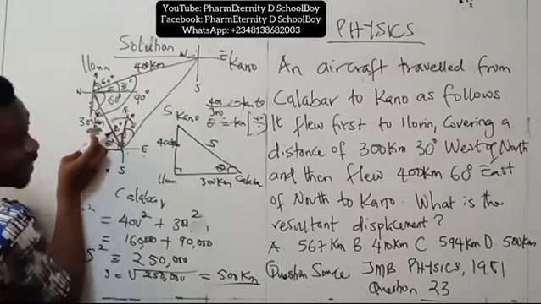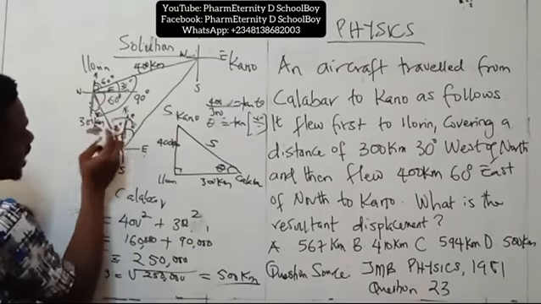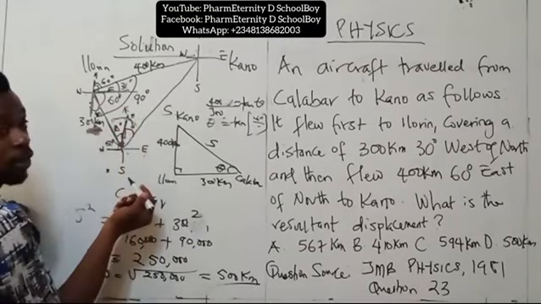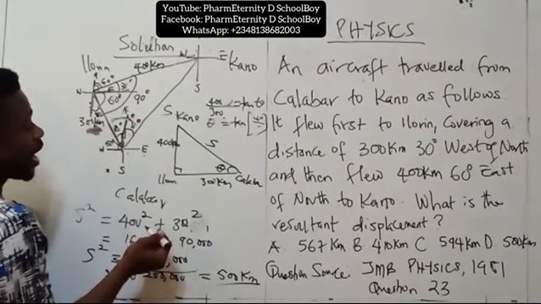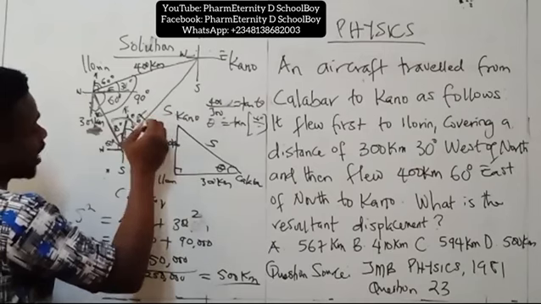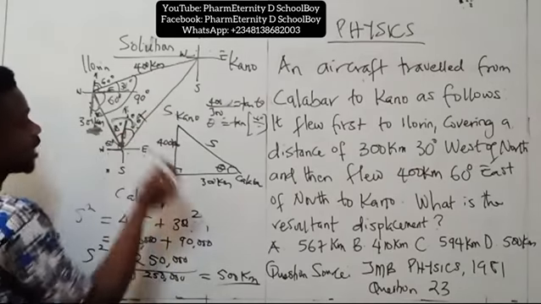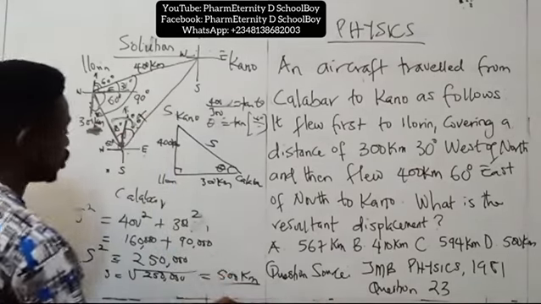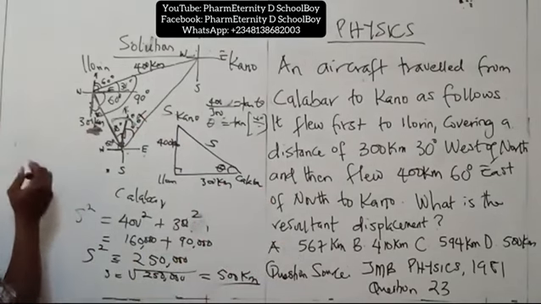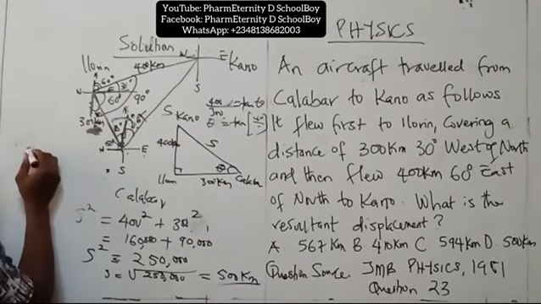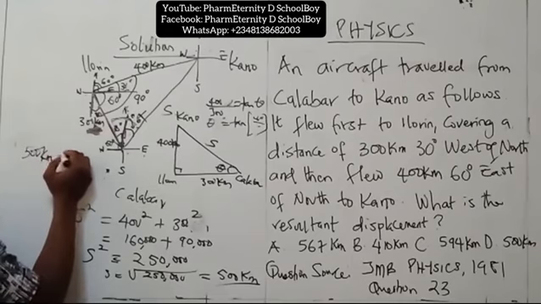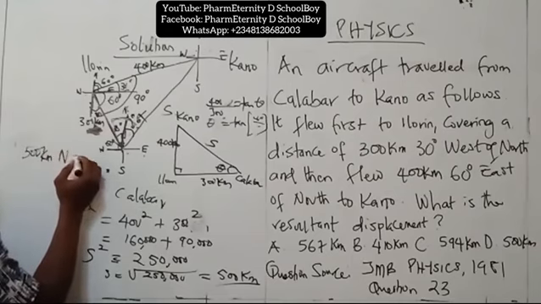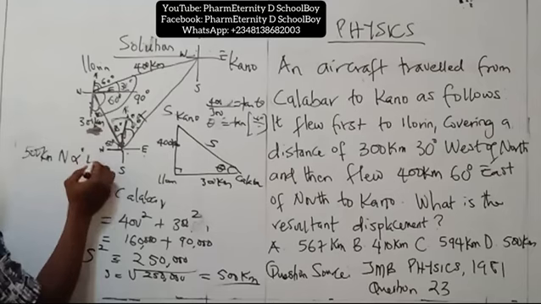Remember here is 30 degrees, so we just subtract 30 from this total theta. Whatever we get is the angle here. Let's assume that we got alpha as the answer, this angle. So you would see in the option something like 500 kilometers north alpha degrees east.